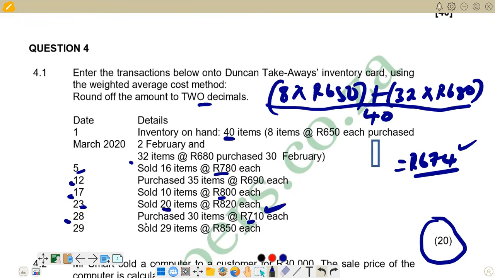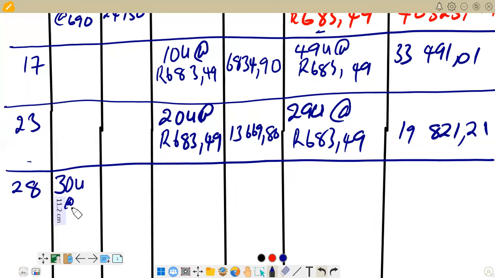So the value now, we say 30 times 710, we get 21,300.